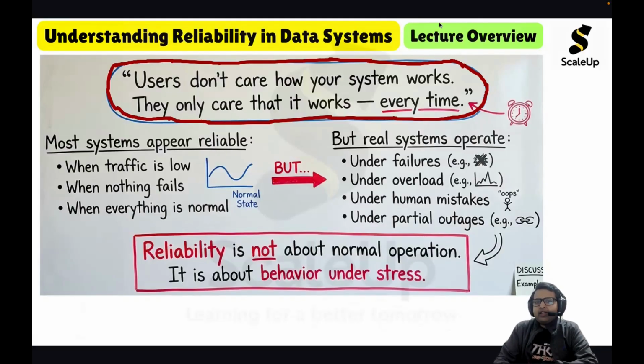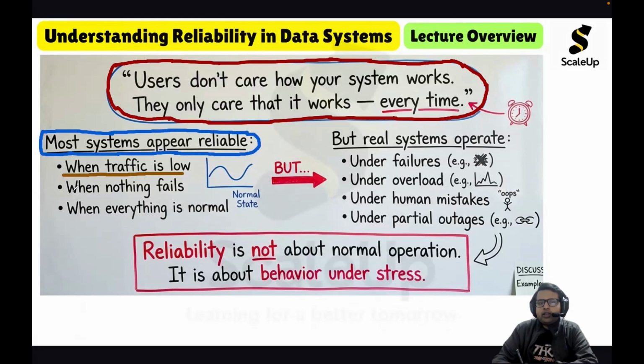And that is reliability. Reliability means users can rely on systems; they know that it will work no matter what. Most systems appear reliable when traffic is low, when nothing fails, and when everything is normal. Under normal conditions, when everything is working perfectly fine, we call it the normal state.